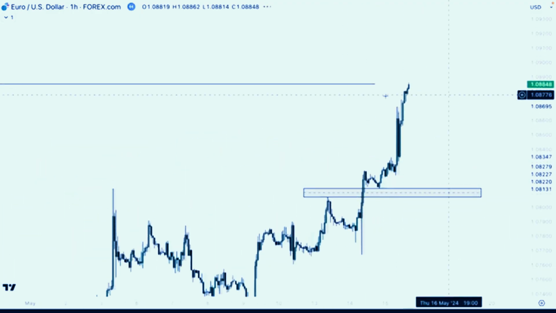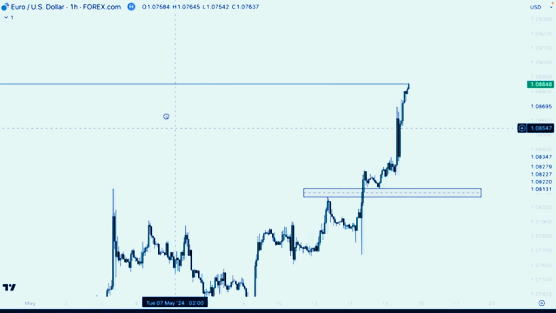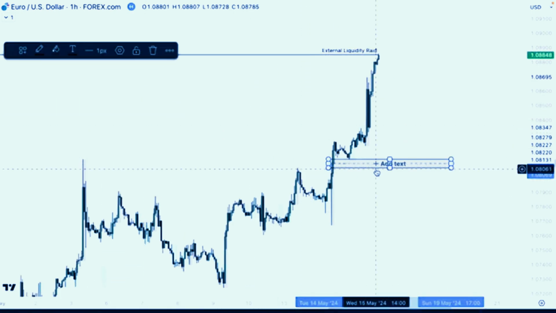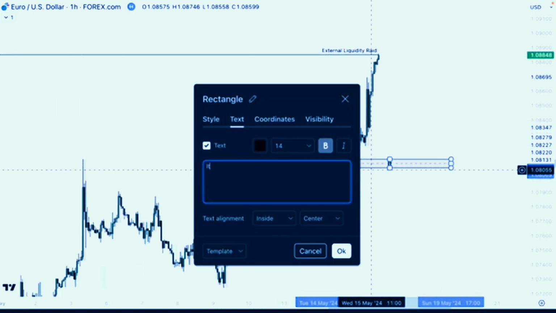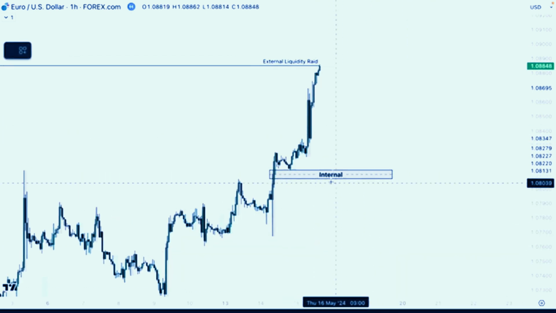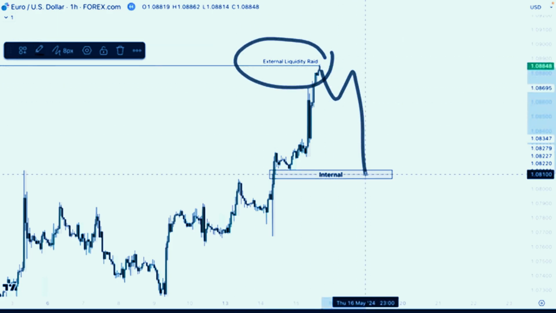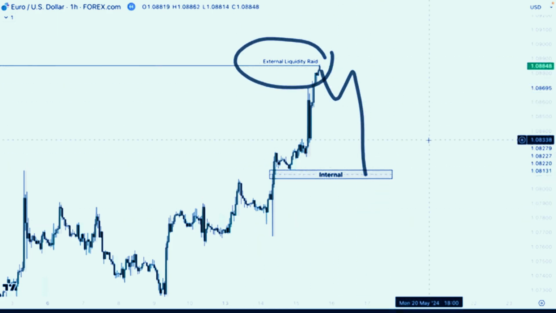Now that we're on the 1 hour, I can pull this along. That is our external range. Over here we have our internal. And this internal will ultimately be my long-term target. So because we have taken out external, I'm waiting for the market to run and take out internal.